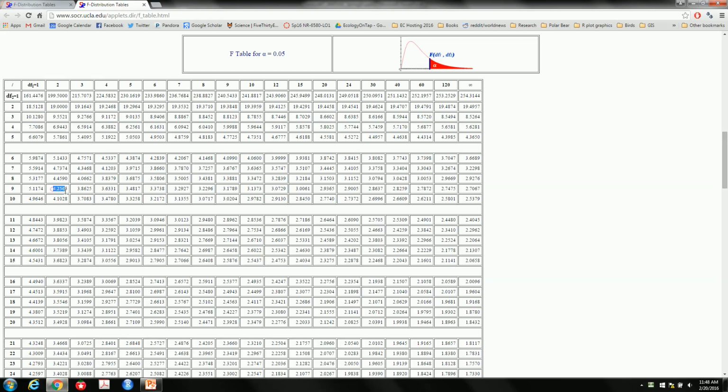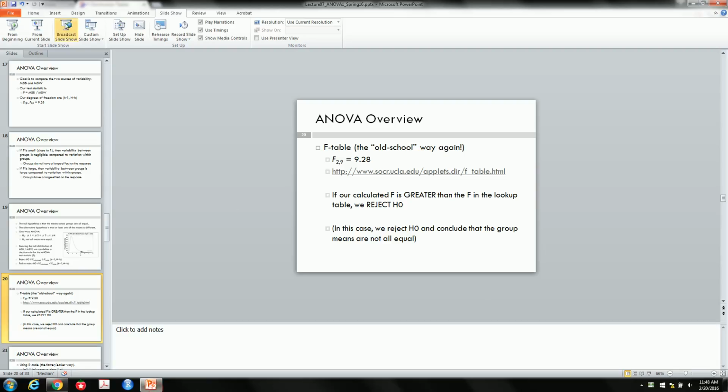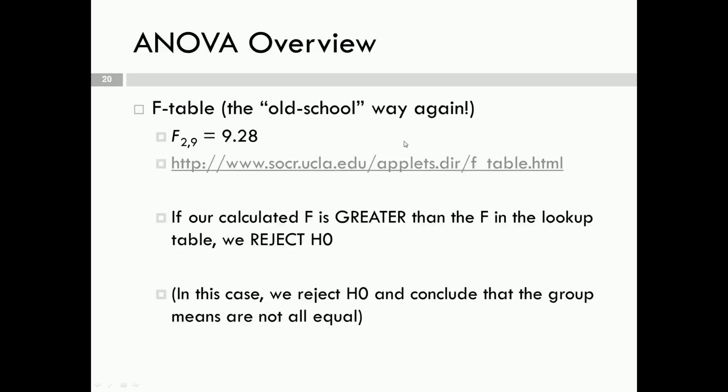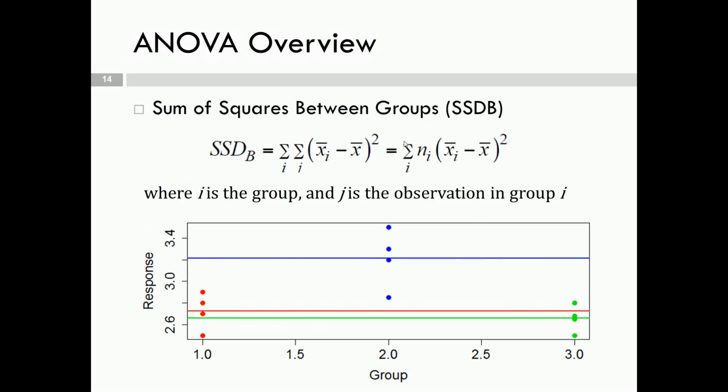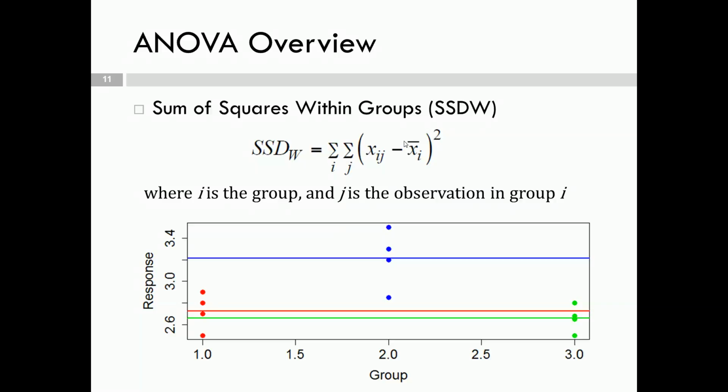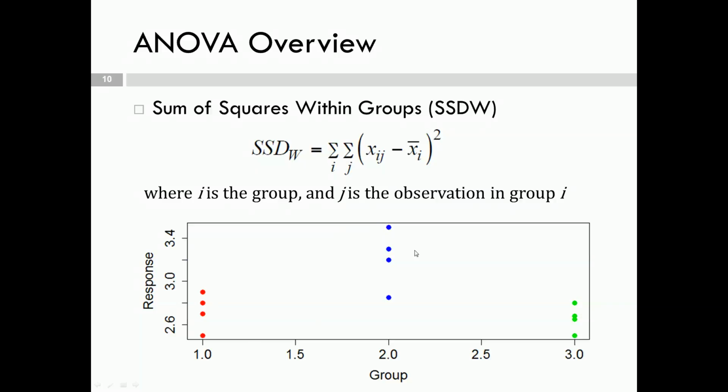So 9.28 is much greater than 4.2, and so in this case I would reject my null hypothesis in favor of my alternative. My alternative hypothesis is that there is a significant difference between my groups in terms of their mean. If we go back and look at these different observations, visually it's clear that there's probably a difference in the mean of this group versus these other two.